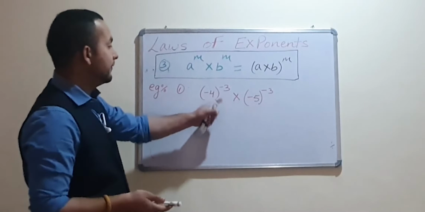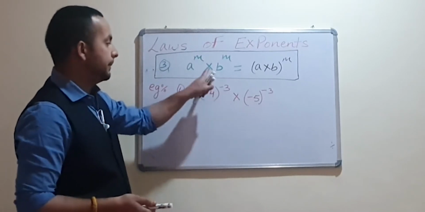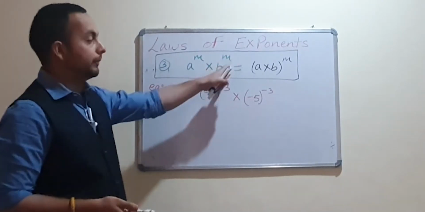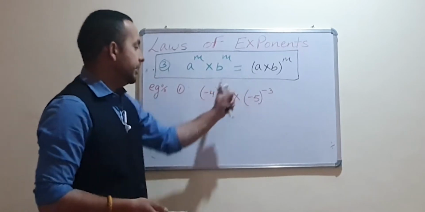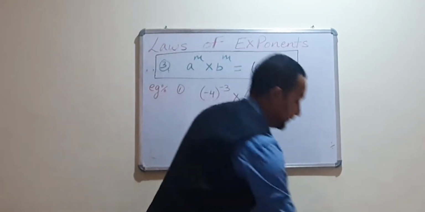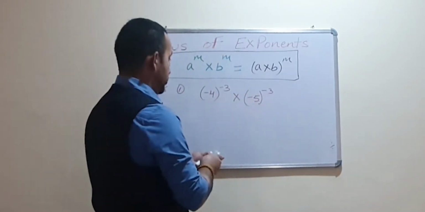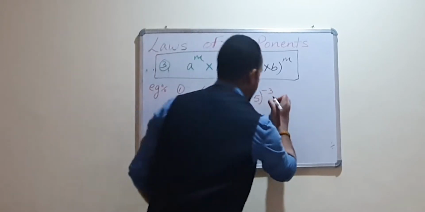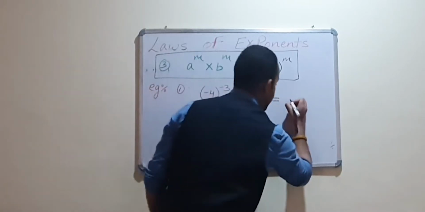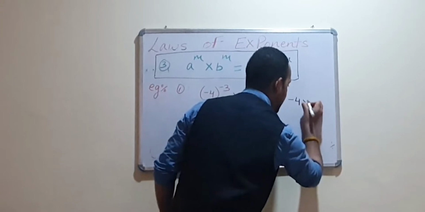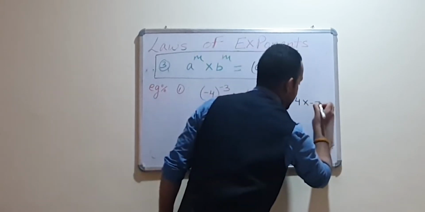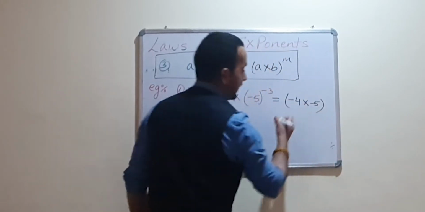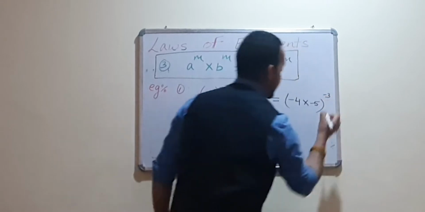Now this is in the form of a raised to the power m multiply b raised to the power m, which means you have to multiply the base first. So different base but the power is same. So your first base is negative 4 multiply, second base is negative 5 and the whole power is negative 3.